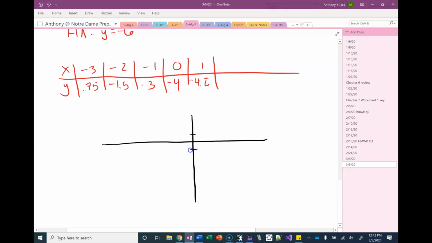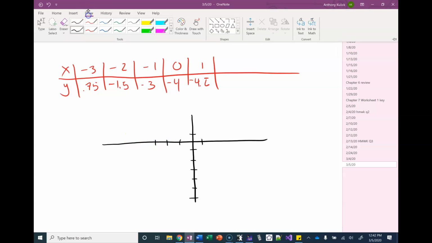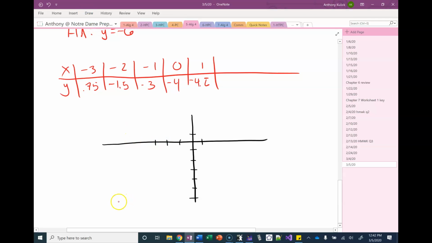It's 1, 2, 3, 4, 5, -6. 1, 2, 3, 4. Okay. I'll start by drawing in my asymptote. So here is y equals -6. Again, horizontal line that goes through -6. And then we'll plot our points.